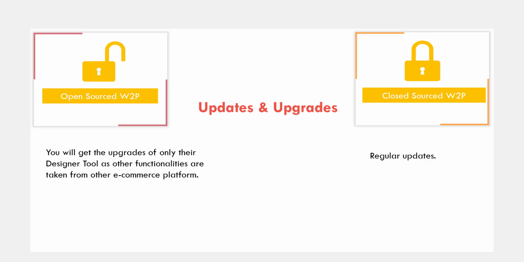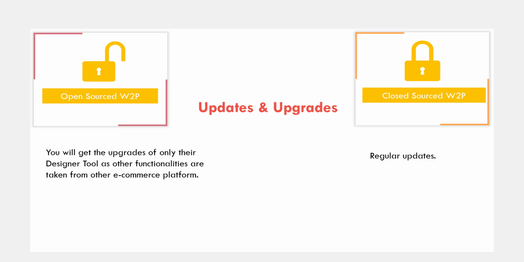They have not developed that. So once Magento itself creates a new feature and upgrades its own version, only then will you be able to get those features in your open source web-to-print solution.